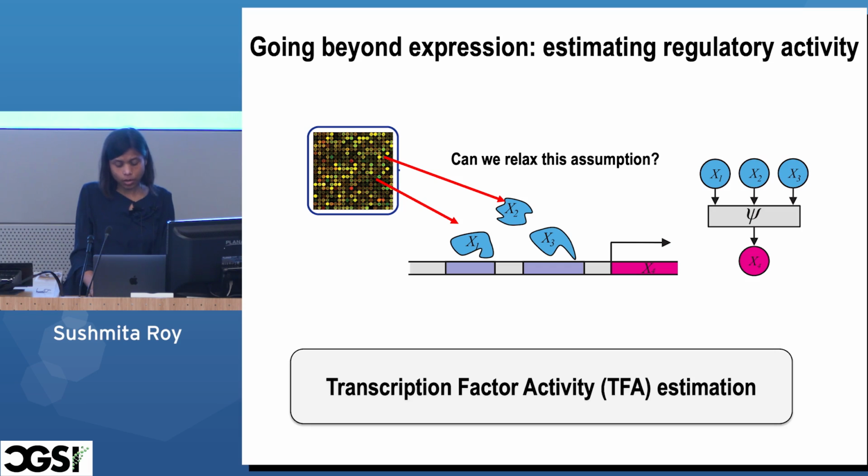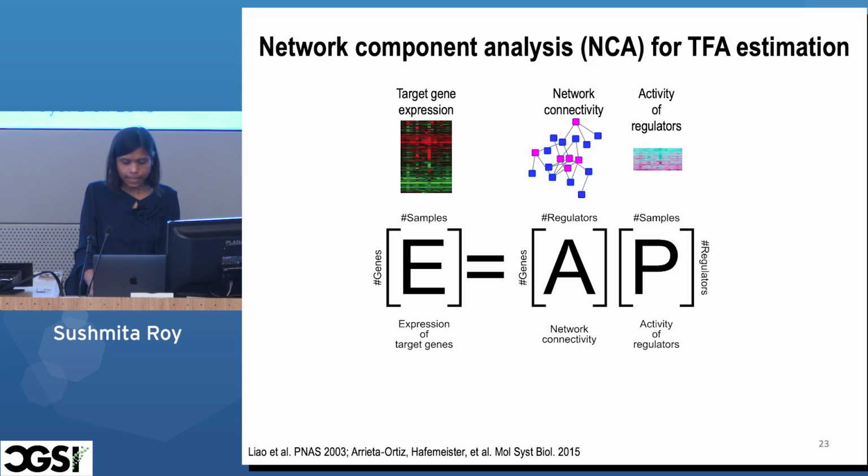So the idea is called transcription factor activity estimation. In this approach, we assume that the gene expression matrix that we have is a product of two matrices, A and P. I'm going to first tell you about how to estimate the activity level of a transcription factor, and you will see that it needs a network.